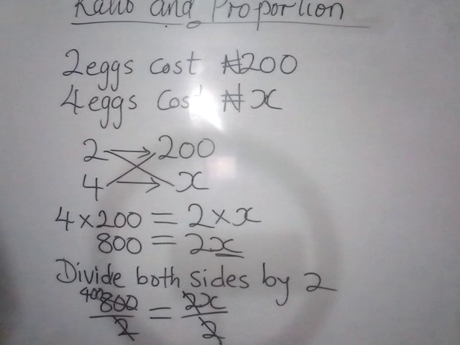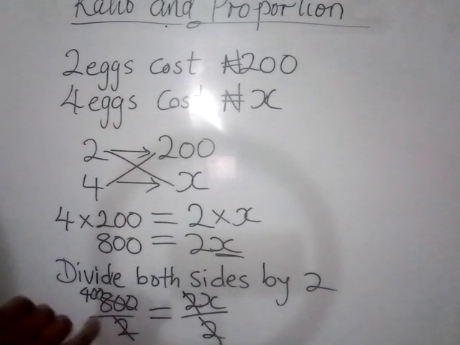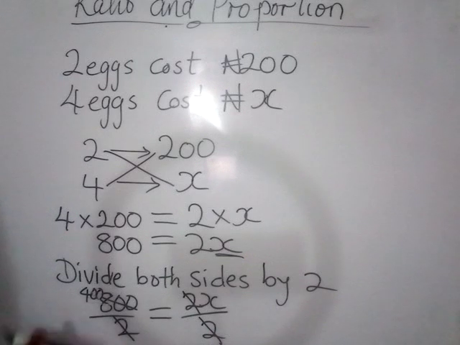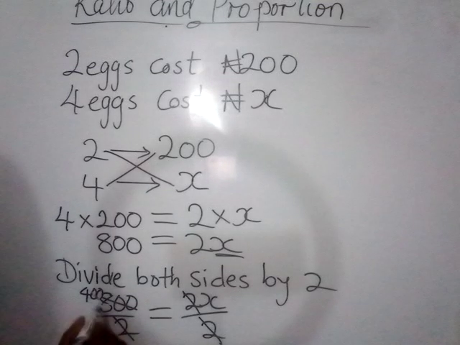It's only when x stands alone that we'll be able to find out what it represents, what is the value of that x. So that's why we introduced 2, so that 2 can cancel out the 2 here, and 2 can also divide the other number, which happens to also be an even number. So 2 divides 800, we have 400.